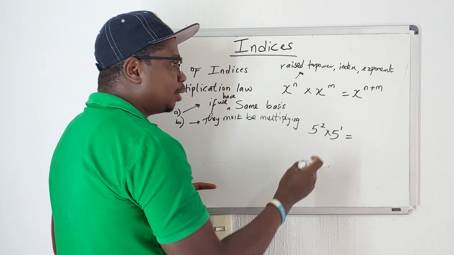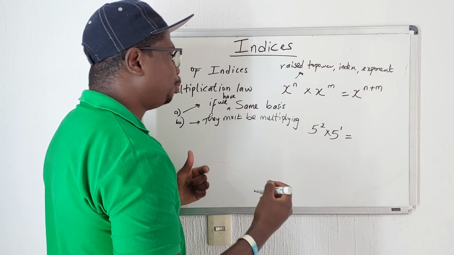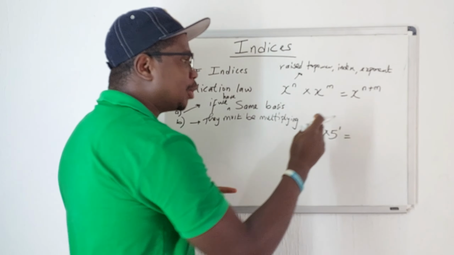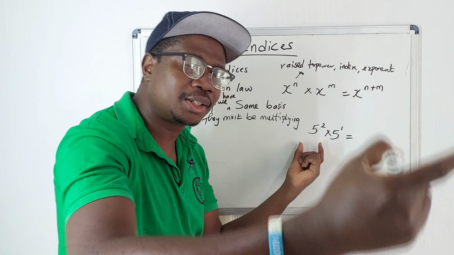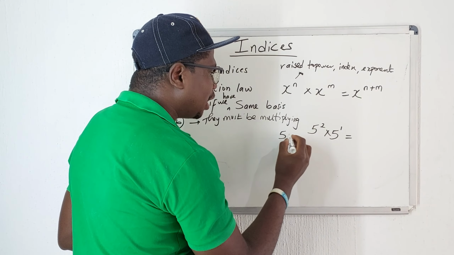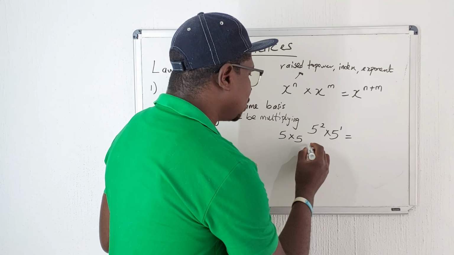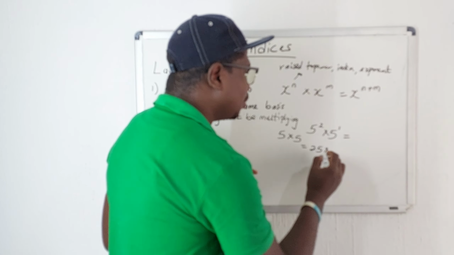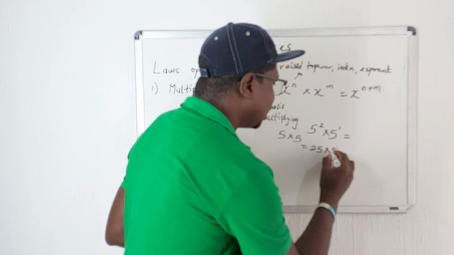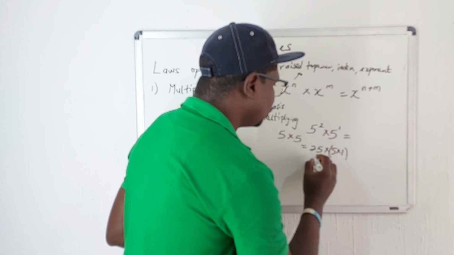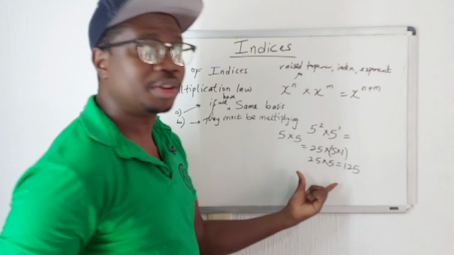So we can apply this first law, the multiplication law. 5 raised to the power 2 means we multiply the base by itself 2 times, which is 5 times 5, 25. Then 5 raised to the power 1 is just 5. So 25 times 5 is 125. This is the conventional way of doing it.